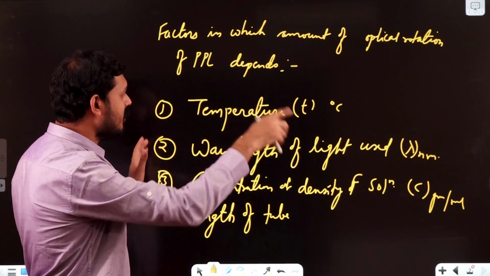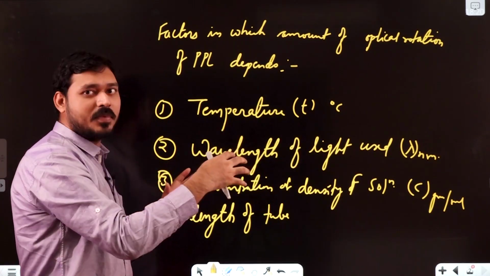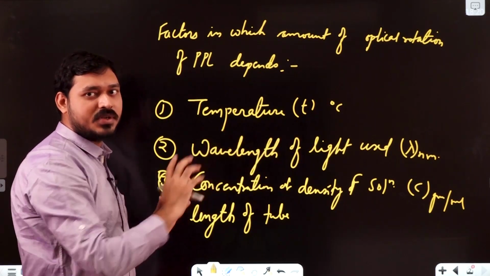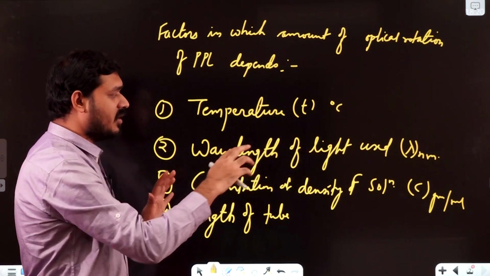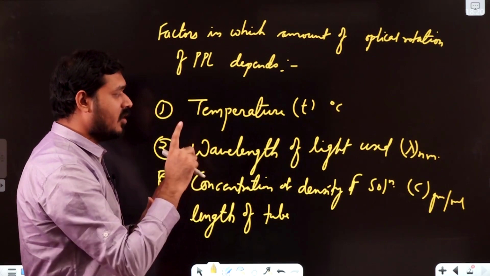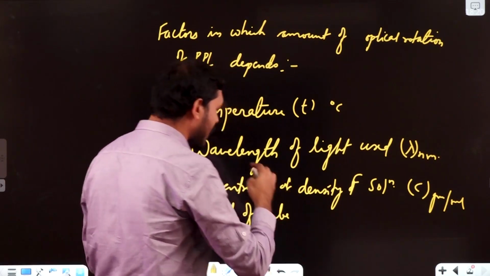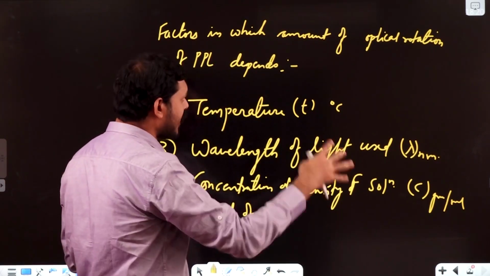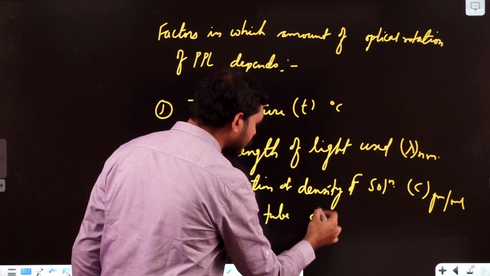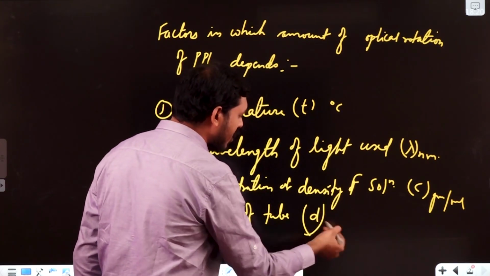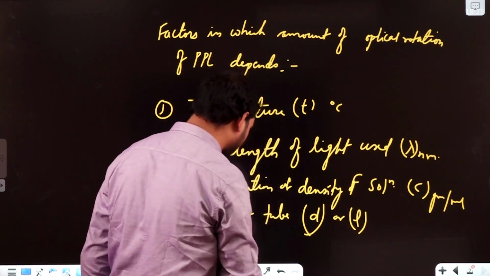Means as per the polarimeter experiment, the more the length covered, if the compound is optically active, the more will be the rotation. Again, the more the concentration of the solution, the more the optical rotation of PPL if the compound is optically active. So the length of the tube, or the length up to which PPL has passed through, is simply your d, distance, or better to say L, length.